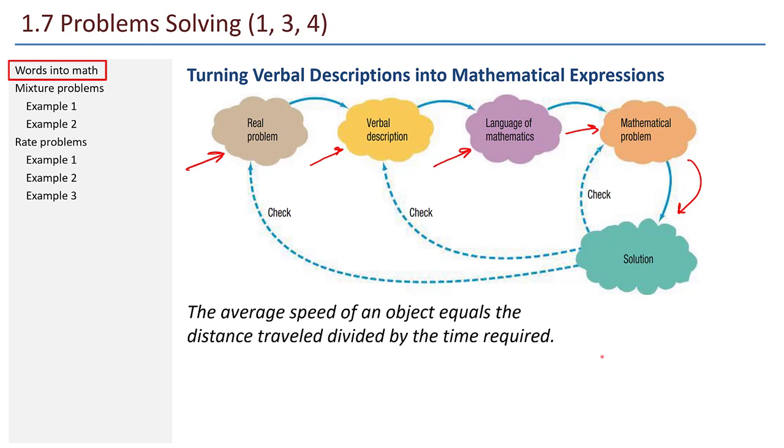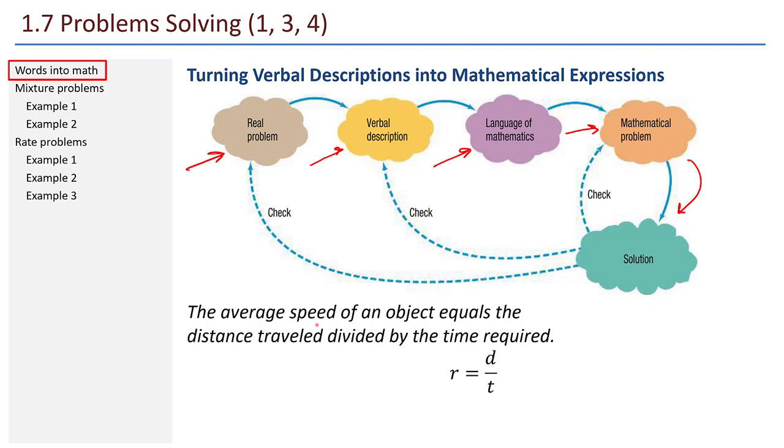Look at this. This says the average speed of an object equals the distance traveled divided by the time required. That's a statement that is in English language. But how do I express that in the language of mathematics? There are three objects, so we need three names for those things: r, d, and t.